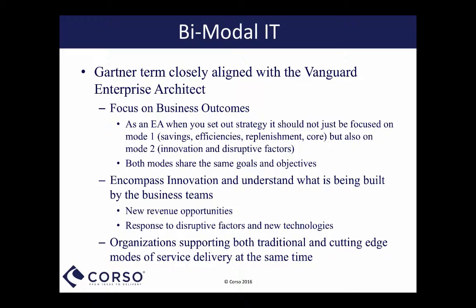So what organisations are trying to do is support this traditional and cutting-edge mode of delivery at the same time. Bimodal IT is these two competing sections. The Vanguard Enterprise Architect is focusing on mode 2 and working with their foundation architect peers, traditional enterprise architects, to manage that core, and working together. And for us, the heart of it is tooling.